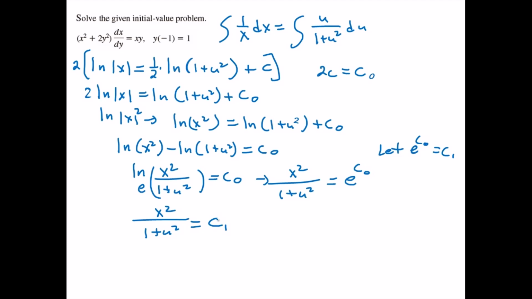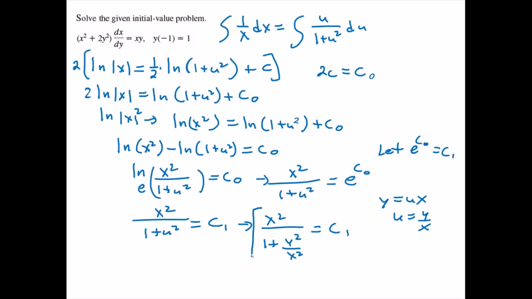But this would be our solution, but we should note that we had used the substitution y equals ux. So in this case, u will be y over x. So now we'll need to reverse the substitution. So we'll get x squared over 1 plus, well, the square of y over x is y squared over x squared, and that will be equal to c sub 1.